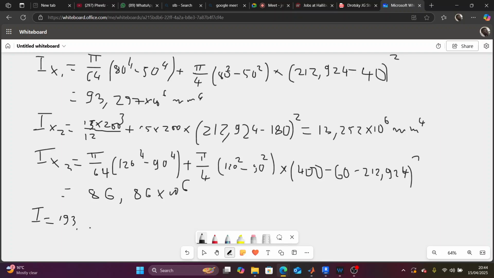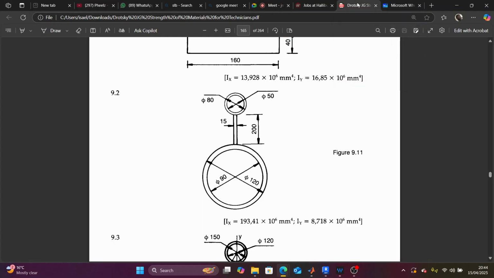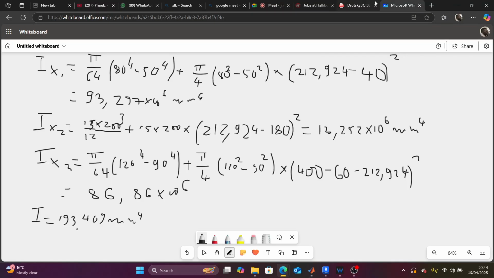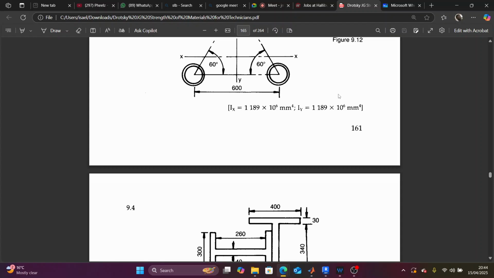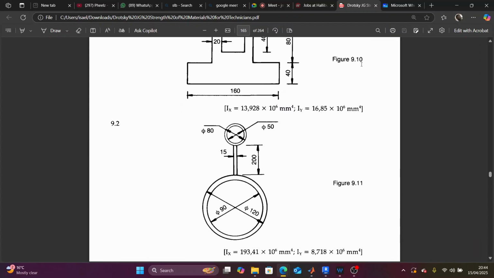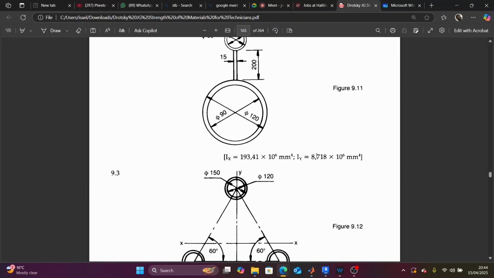Yeah, it's 409 millimeter 4. Now what is next? Yeah, that's what they got.